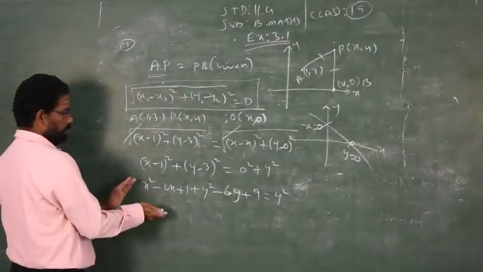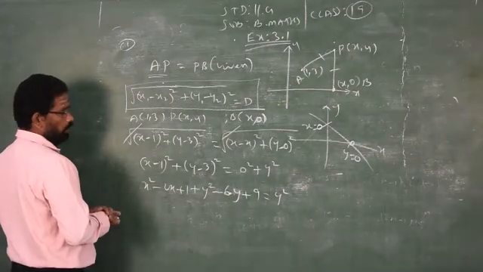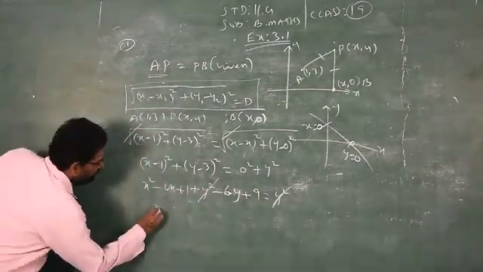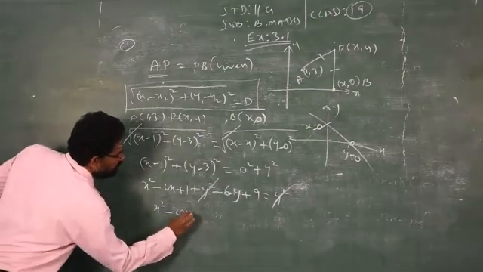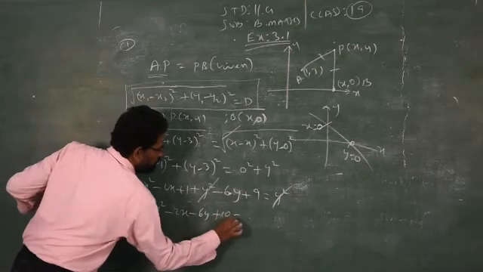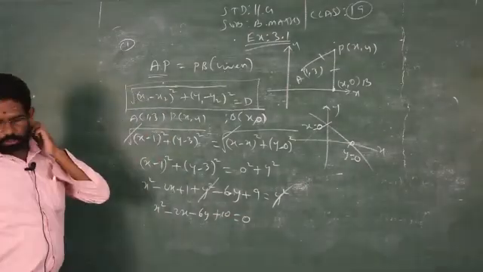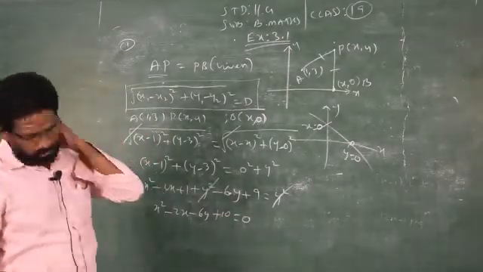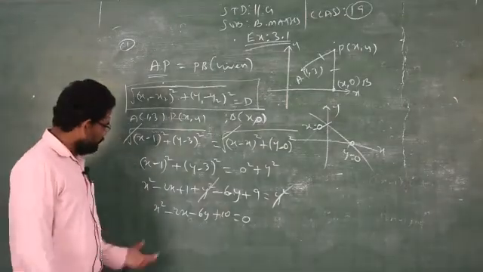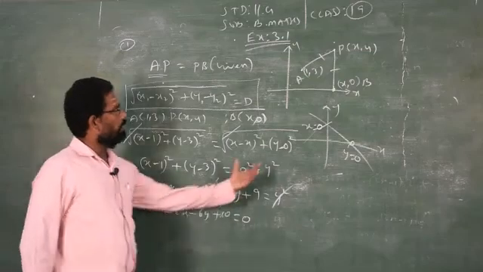Both y square get cancelled. So we will get x square minus 2x minus 6y, 1 plus 9 is 10, equal to 0. So this is your required answer, that is x square minus 2x minus 6y plus 10 equals 0.